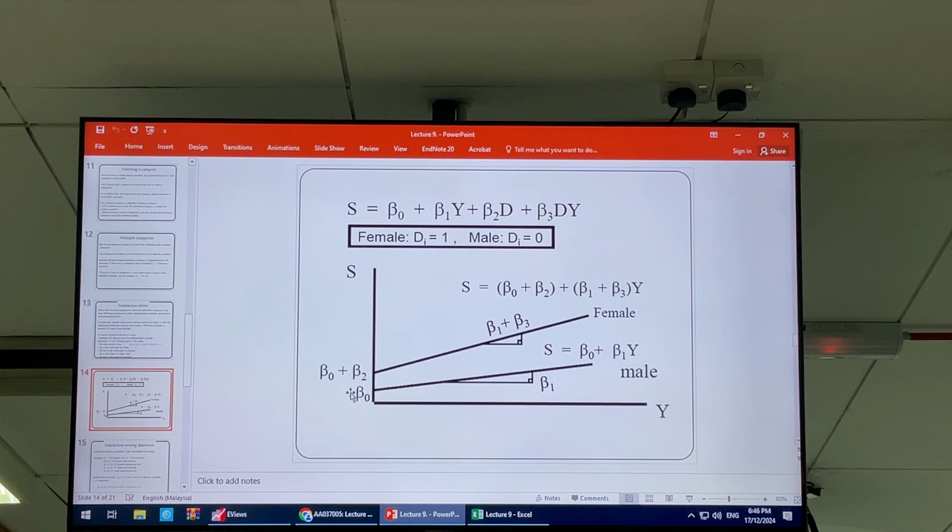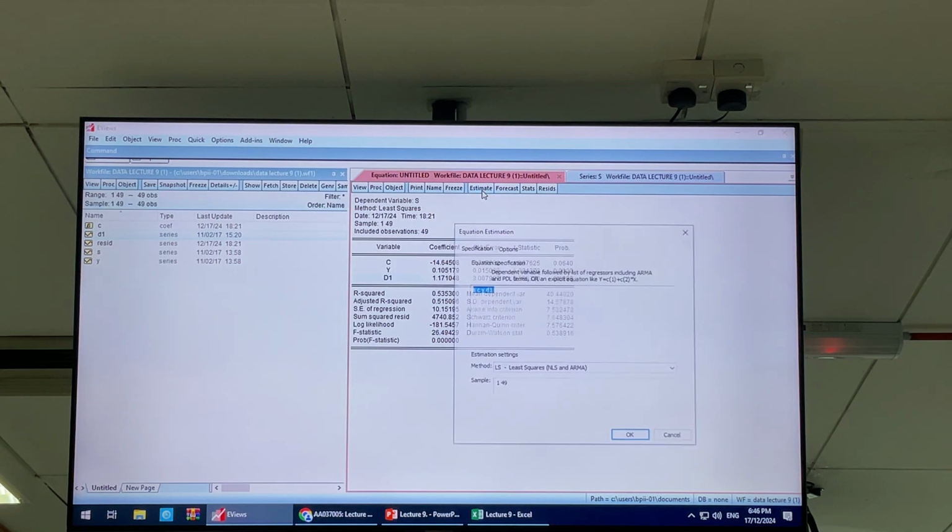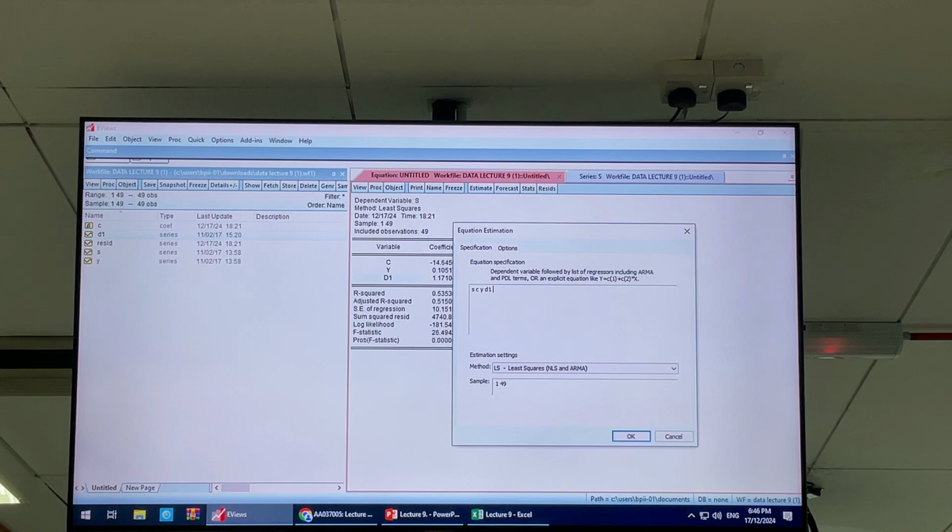So there is an intercept for male, an intercept for female, a slope for male, and a slope for female. In order to have this, we need to add an interaction term between the dummy and the income variable. So we have to re-estimate the model and add the interaction of Y and D1.